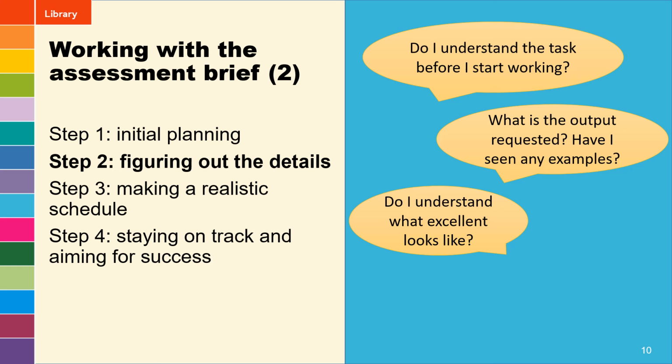If unsure, then read the brief again carefully, looking for clues. Anything you missed in your initial reading? Are there any additional companion materials where the module convener provides more details or advice? Check your marking criteria as well, which may be a different document.